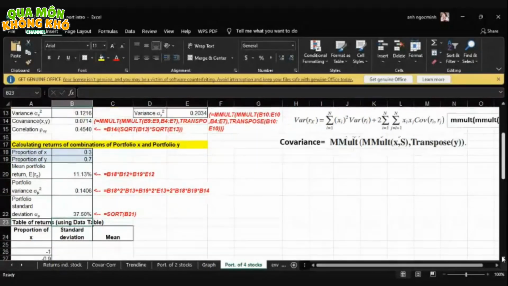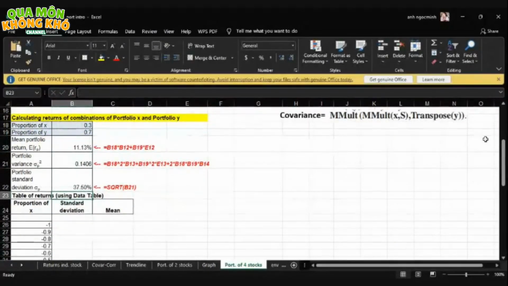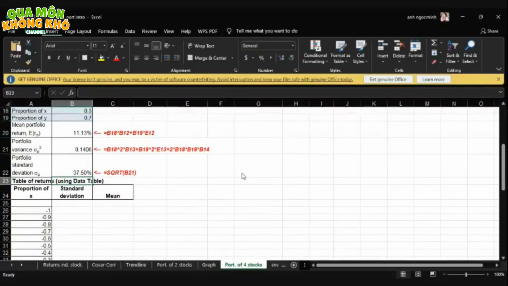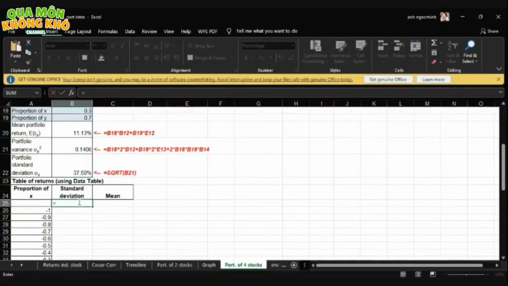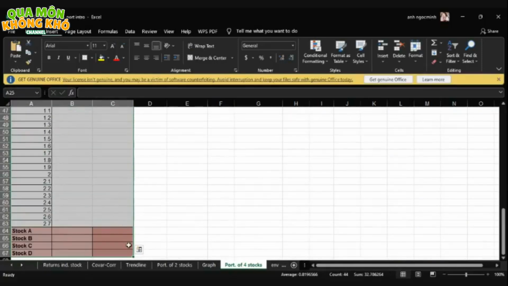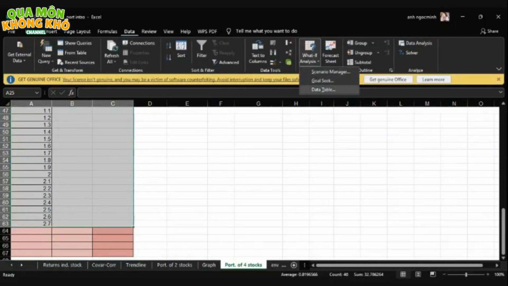So similar to the portfolio of two stocks, I would like to create more scenarios. The input values are standard deviation and mean, using data analysis, data table.